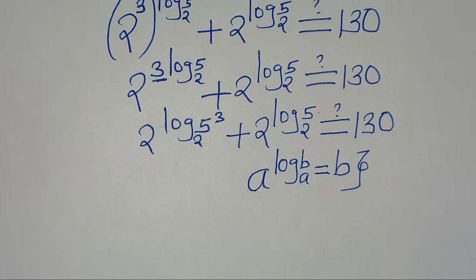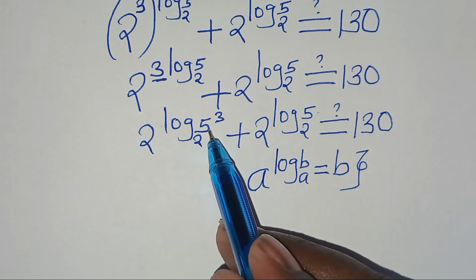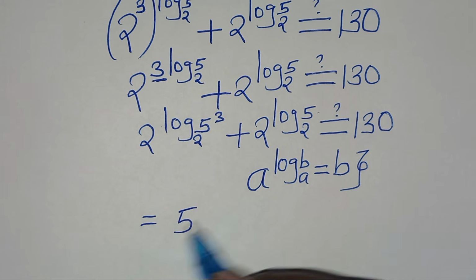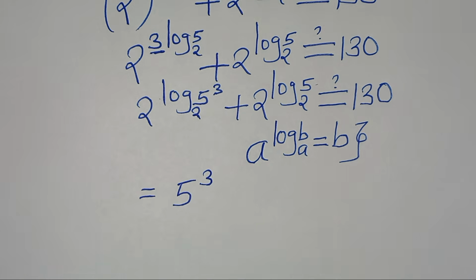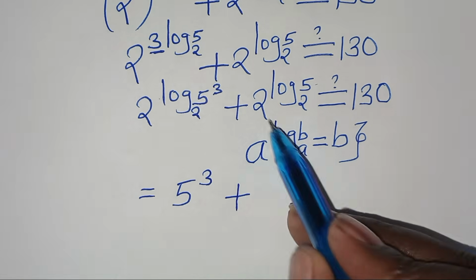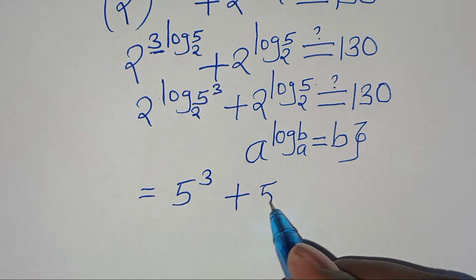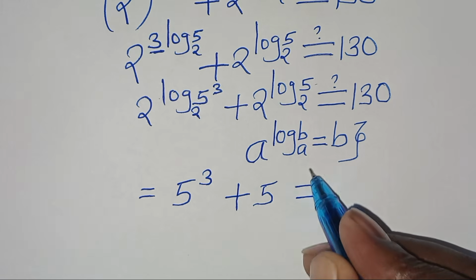So this means that 2 raised to the power of log 5 to the power of 3 to base 2 is the same thing as 5 raised to the power of 3, then plus 2 to the power of log 5 to base 2, which is the same thing as 5.